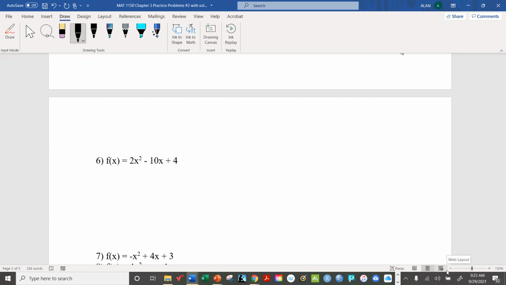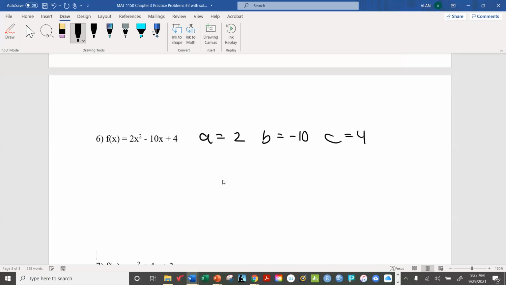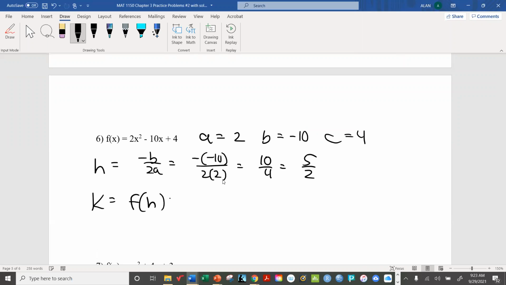All right. So once again, usually our first step is to just identify a, b, and c. All right, let's begin with h. k will be f of h. So you have 2 times 5/2 squared minus 10 times 5/2.